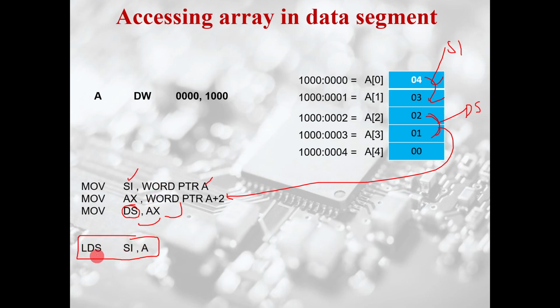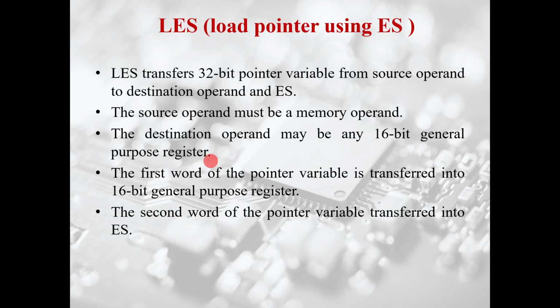But finally 8086 will treat it as a combination of these three instructions. While executing, it might do it like this. However, such complex instructions are also available for you as a programmer, so you can make use of these kinds of commands also.